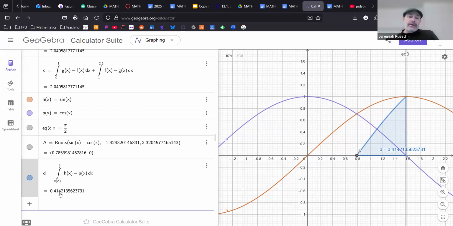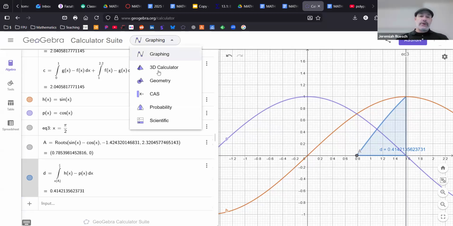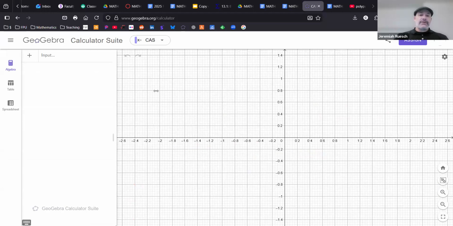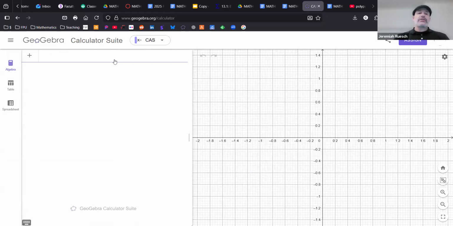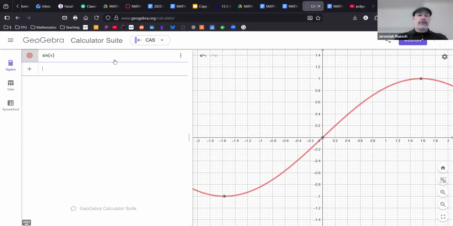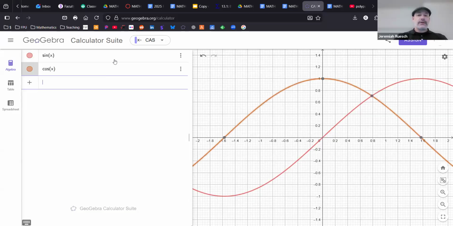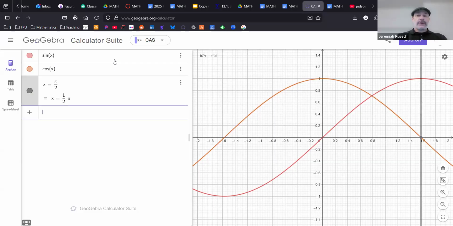Now, these are exact values, and so I can do that integral in a more exact way. If I hit the little drop-down menu and go to CAS, which stands for Computer Algebra System, I can do exactly the same thing here. The Computer Algebra System is more exact in giving you results that look like algebra. So we're going to enter sine of x, cosine of x, pi over 2, and then x equals pi over 4.